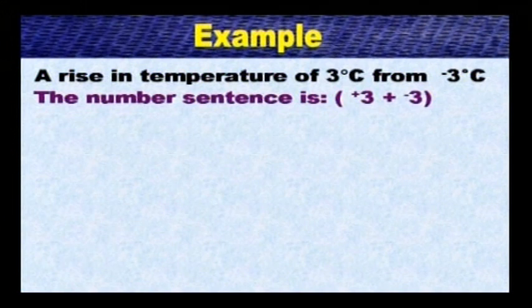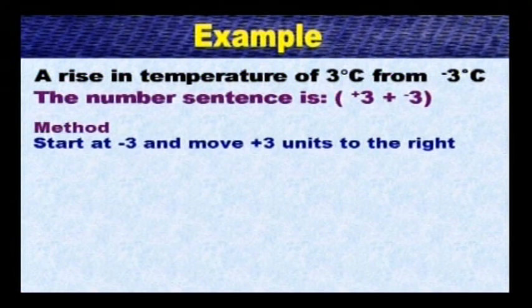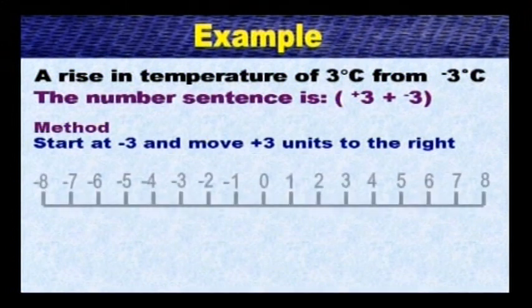How do we show that on the number line? The method is: starting from 0, we move 3 places to the left, and then from negative 3, we move 3 units to the right.